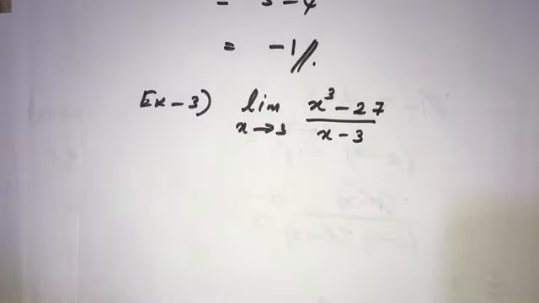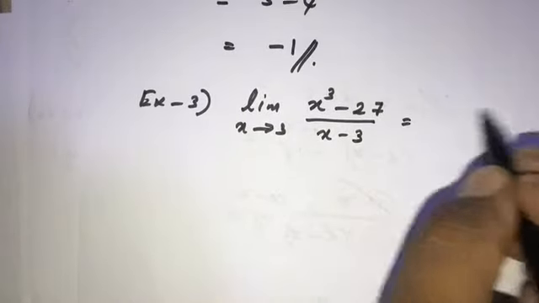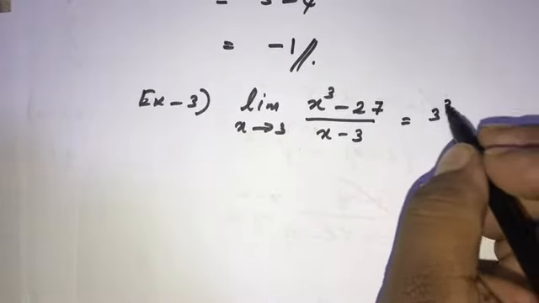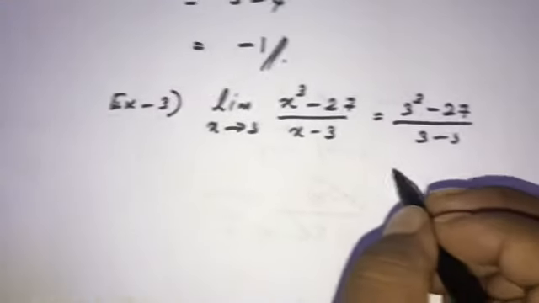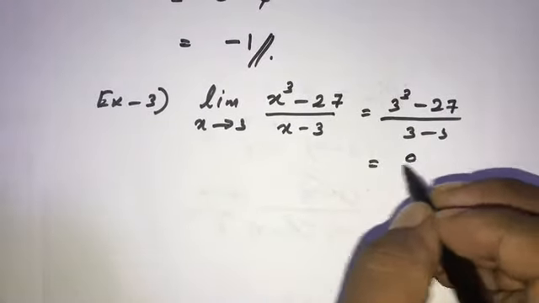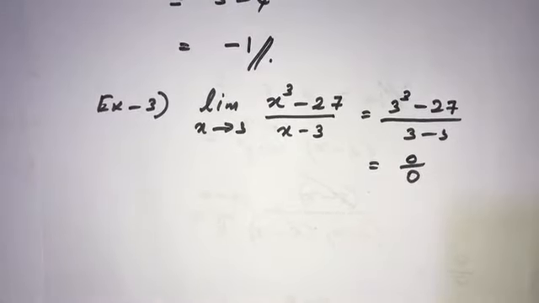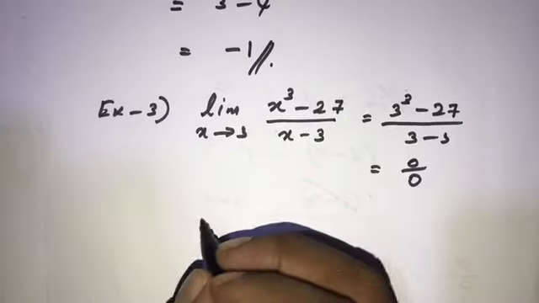If we substitute 3 for all x's, 3 cubed minus 27 over 3 minus 3 is equal to 0 over 0. So we can factor the numerator by using the difference of two cubes.